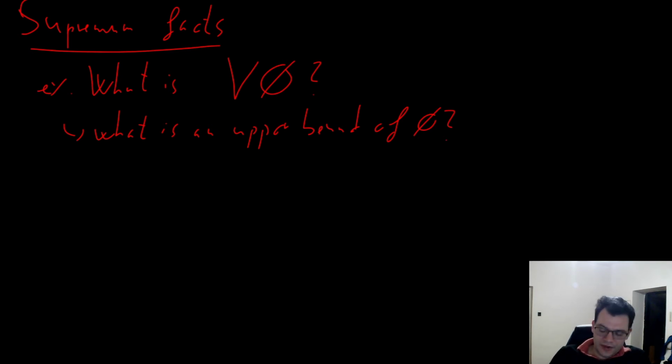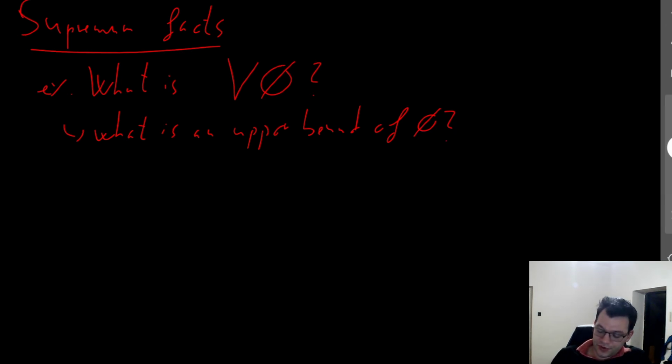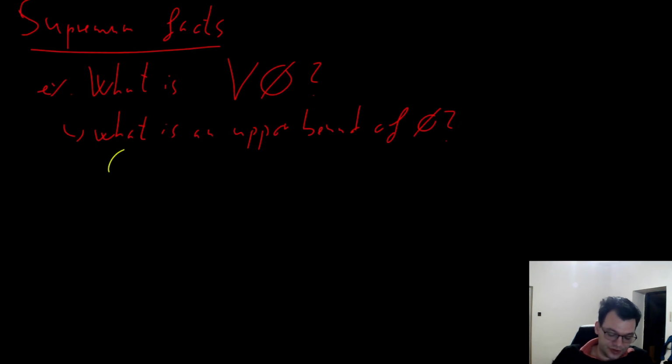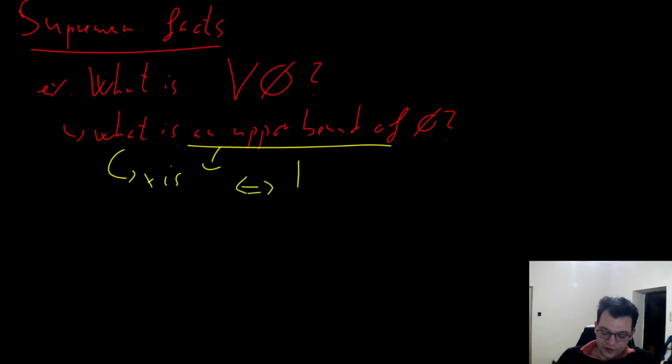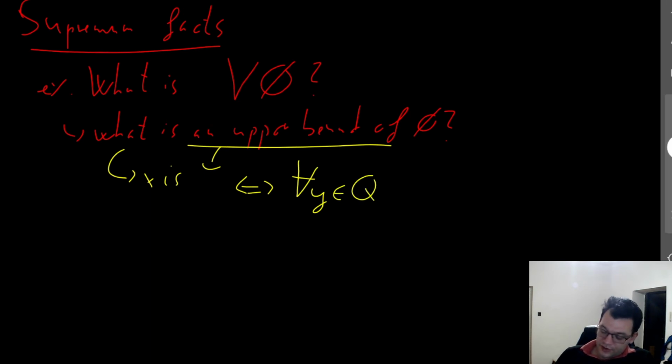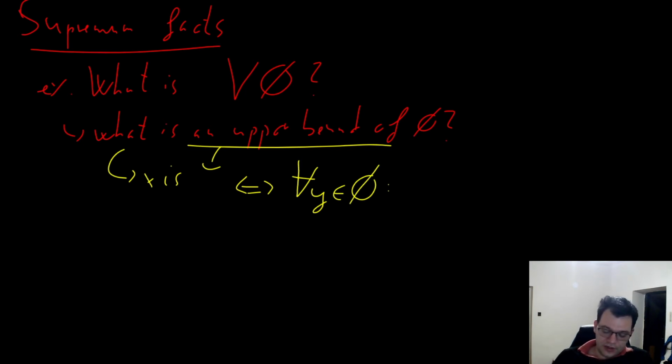Now that's a good question, and for this we can of course expand the definition, so that's what we always do. So x is an upper bound of the empty set if and only if for each element of the empty set, we have this element being smaller than or equal to x.